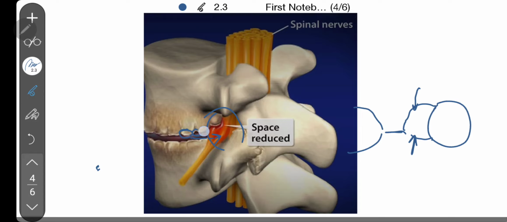Here you can see the abnormal growths, what we sometimes call a bony spur. That leads to the narrowing of this canal, and sometimes it presses against this nerve root, thus leading to certain symptoms. So it's either a degenerated disc, or it is the vertebrae itself. Because of the degeneration, as I said, they overgrow, producing abnormal growths like the spur that can press the nerve and produce the symptoms.